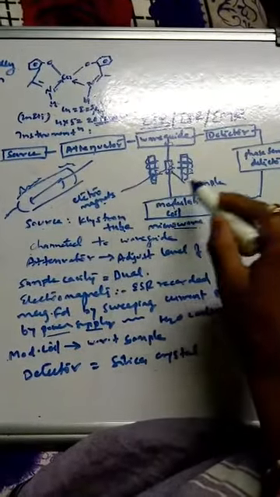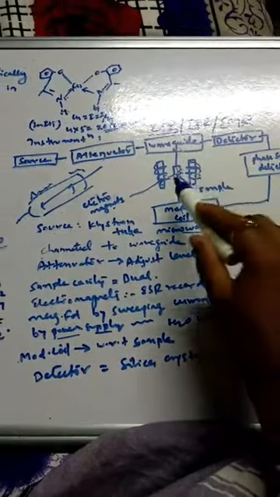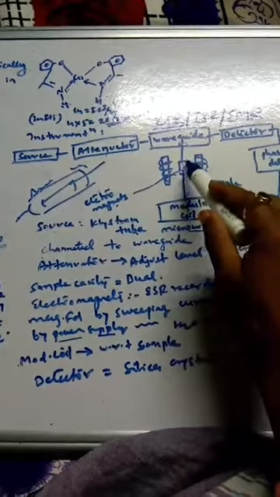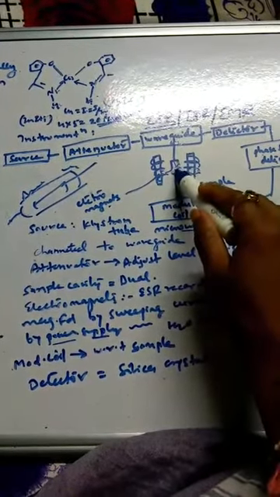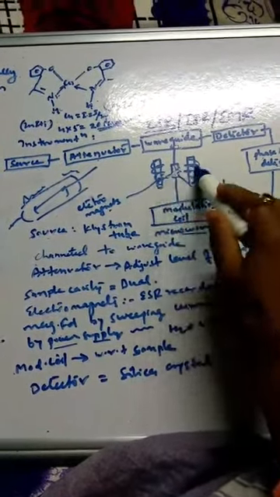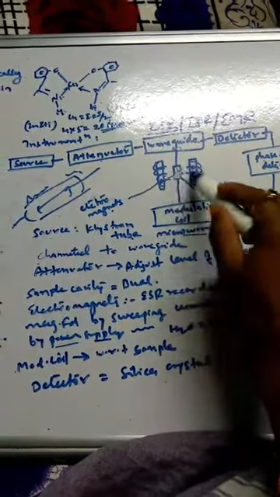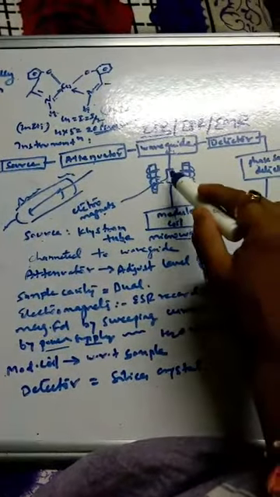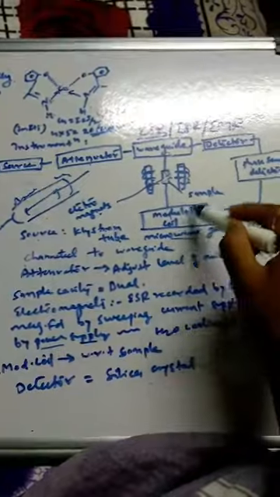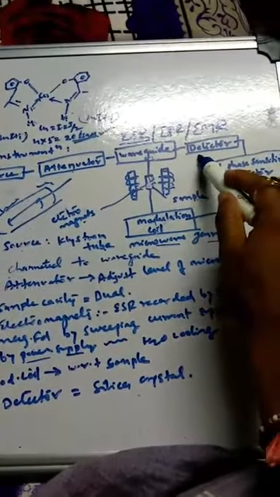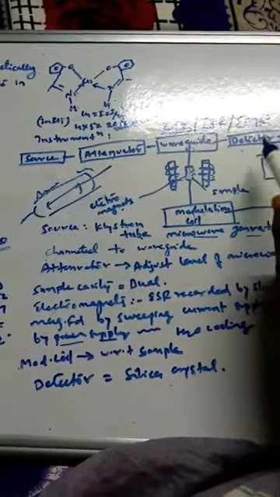The detector then registers the changes happening because of the unpaired electron spin as well as the effect of the nuclear spin. That difference is detected with the help of the modulation coil and phase sensitive detector.